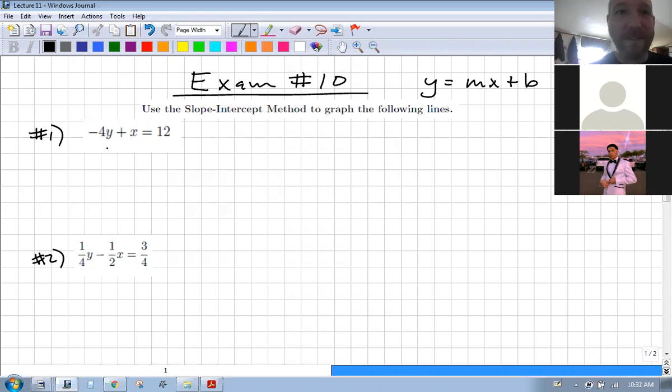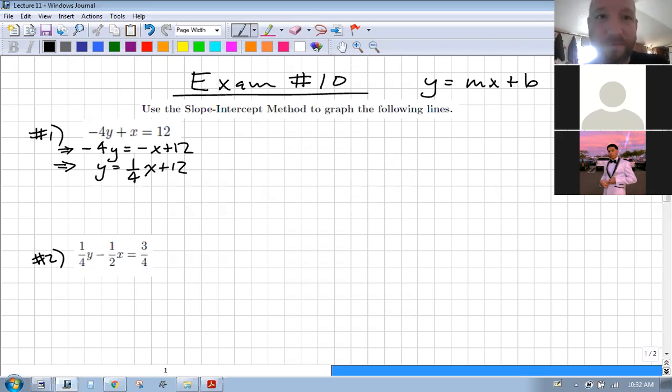So over here, if we're going to solve for y, we'll subtract x from both sides. Now divide everything by -4. All right, that's slope intercept form.